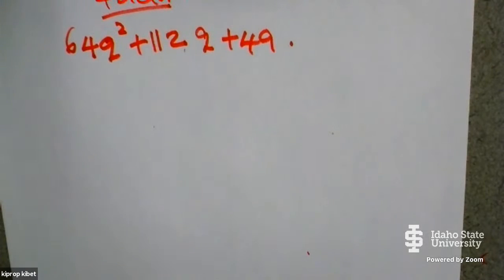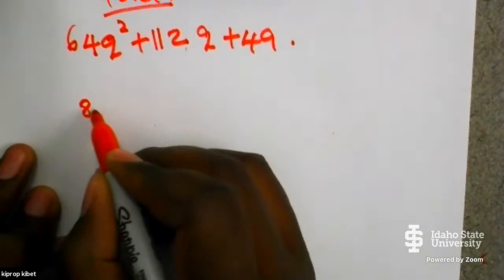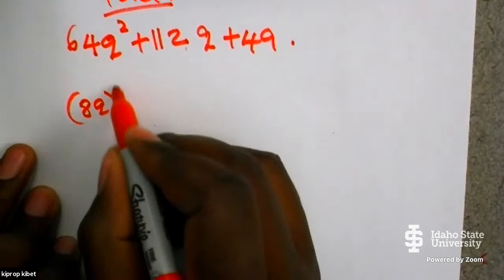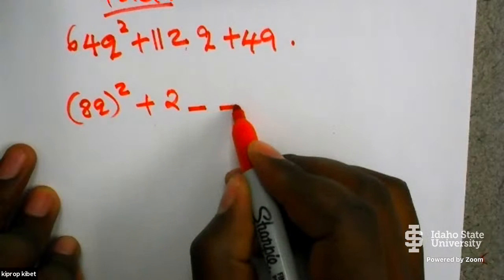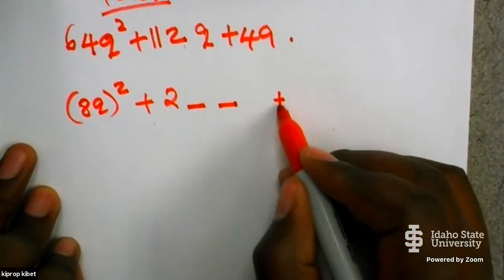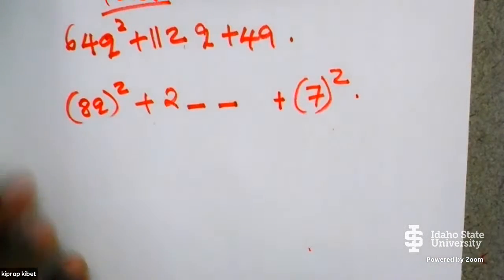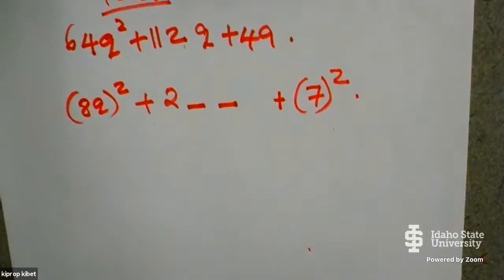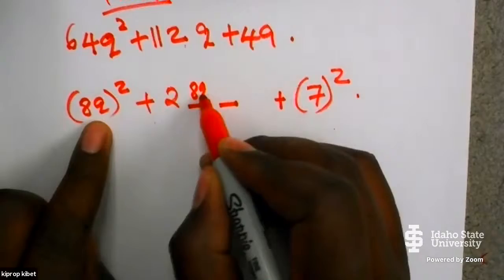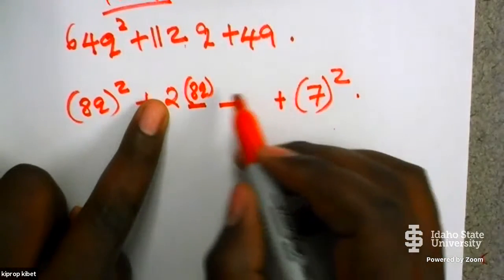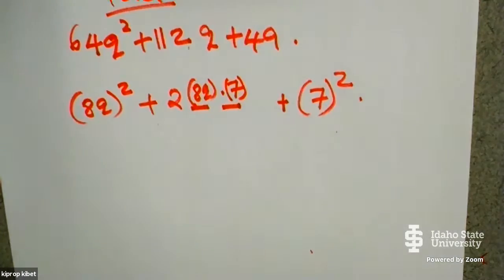So our a here will be 8q, and then you square, plus 2, then we need to look for the a and b, and then plus 7 squared. So what is our a? a is 8q, and our b is 7.